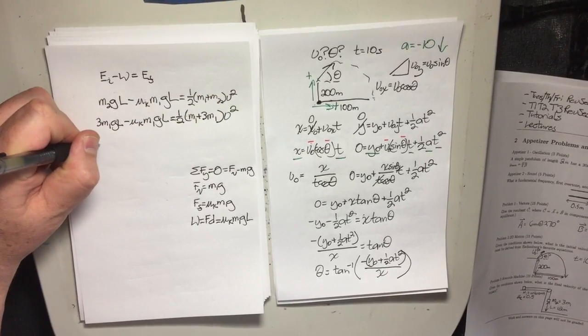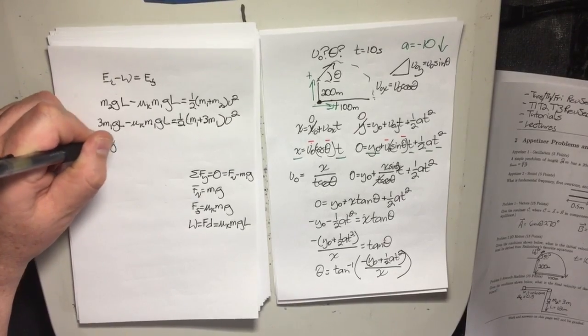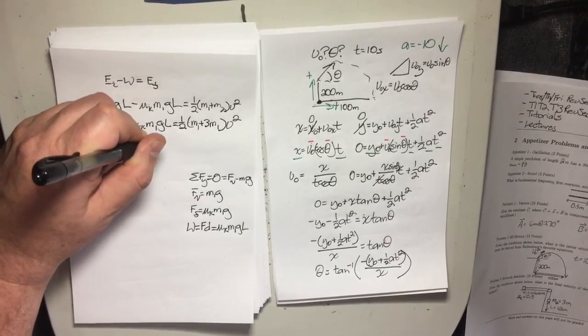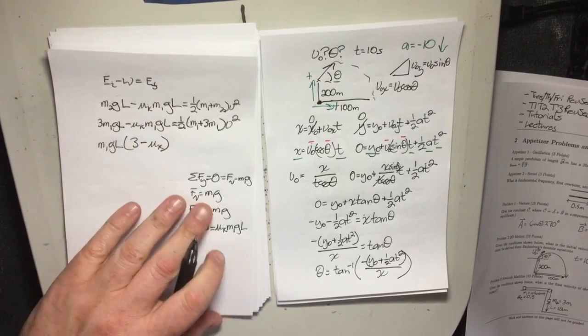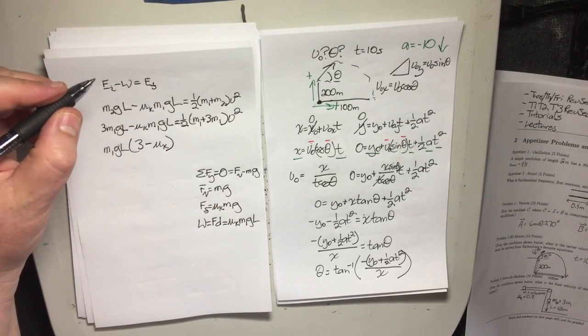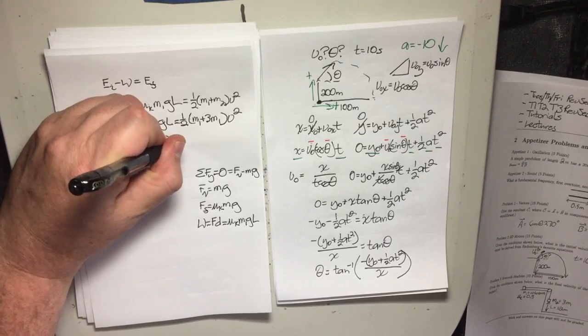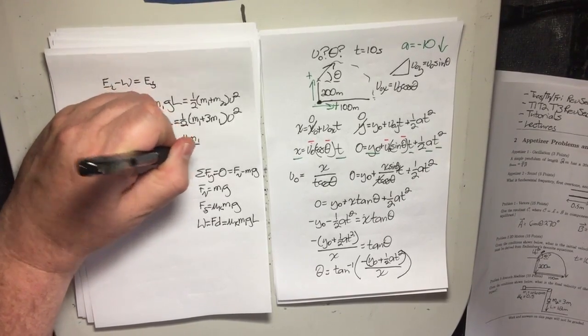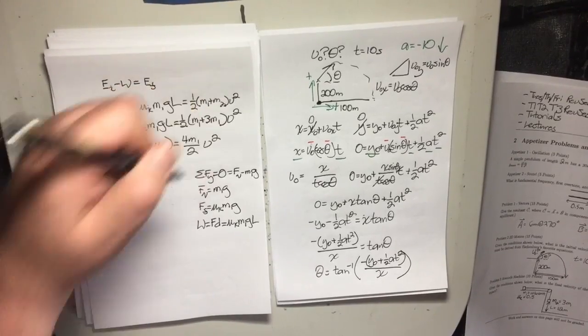So this becomes M1 GL times 3 minus mu sub K equals 4M1 over 2 V squared.